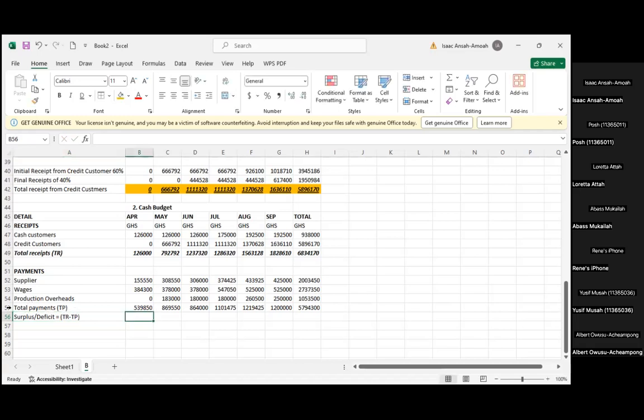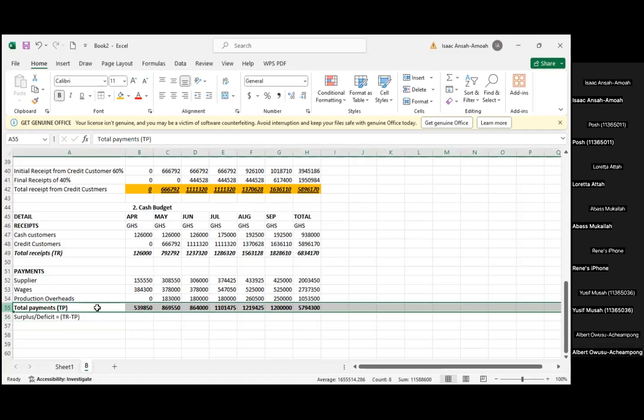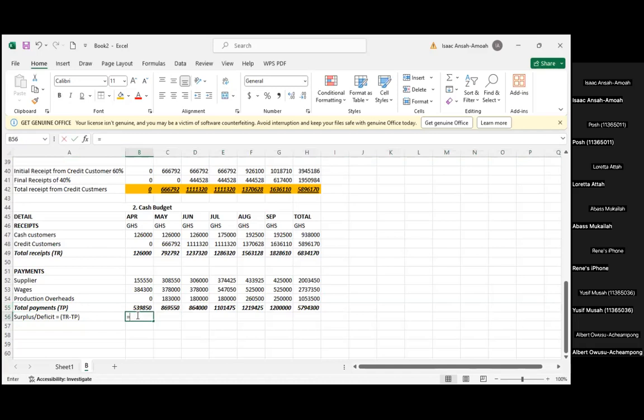Let me just highlight it so that it will look just like the top here. So total receipts for April minus the total payment for April. Then we're going to get something like this. Ooh, a deficit. That's wonderful.